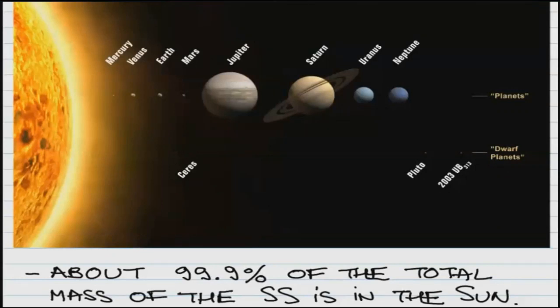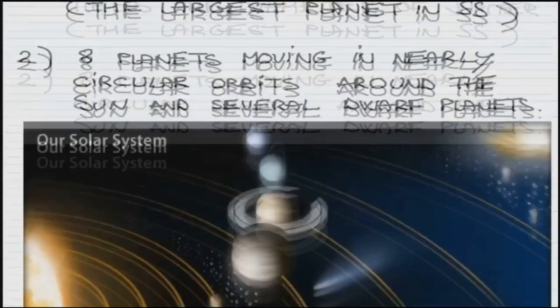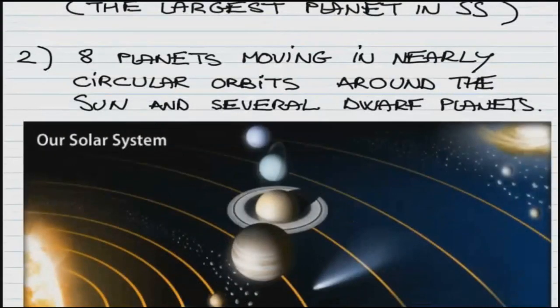As I mentioned earlier, we have 8 planets which are moving in nearly circular orbits around the Sun. Those of you who took Astronomy 1P01 will recall when we talked about the history of astronomy that it was Johannes Kepler who found 3 laws that describe the motions of planets.